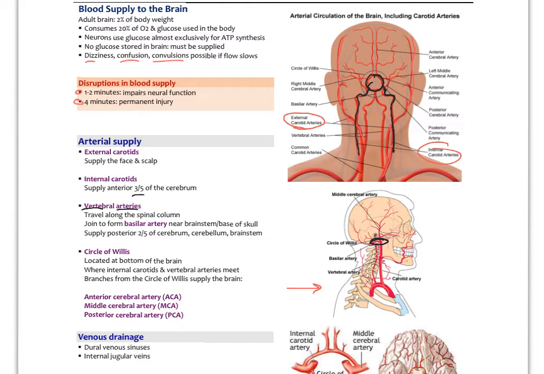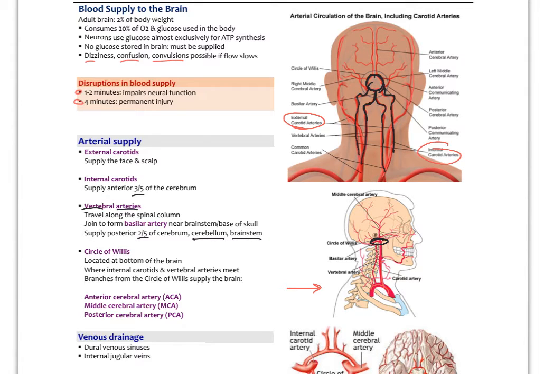And they're going to go up through these little foramina, and they're going to enter into the brain. And they're also going to join together, you see them here, vertebral arteries, to form something called the basilar artery, which is going to supply a lot of the brain stem, and then that joins into the circle of Willis. And so that's going to supply the posterior 2/5 of the cerebrum, the cerebellum, and the brainstem.